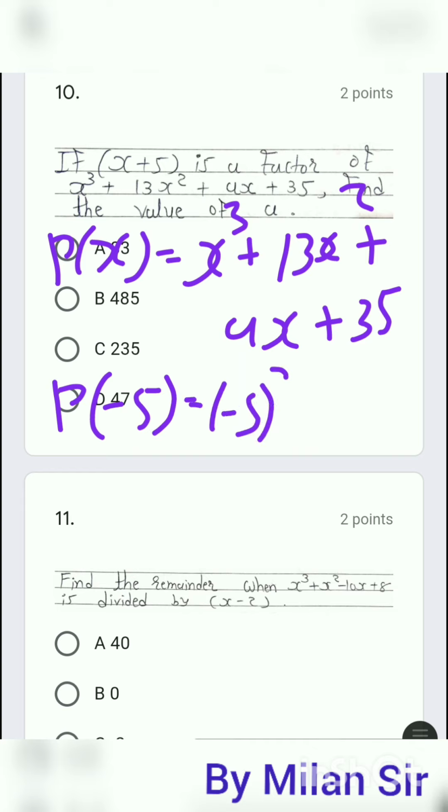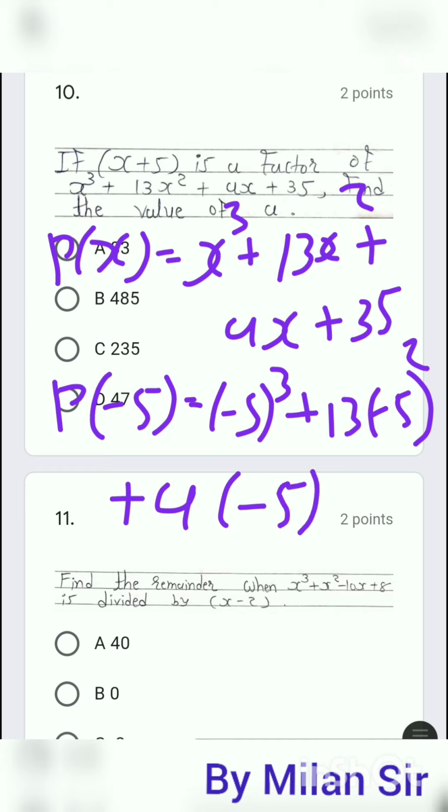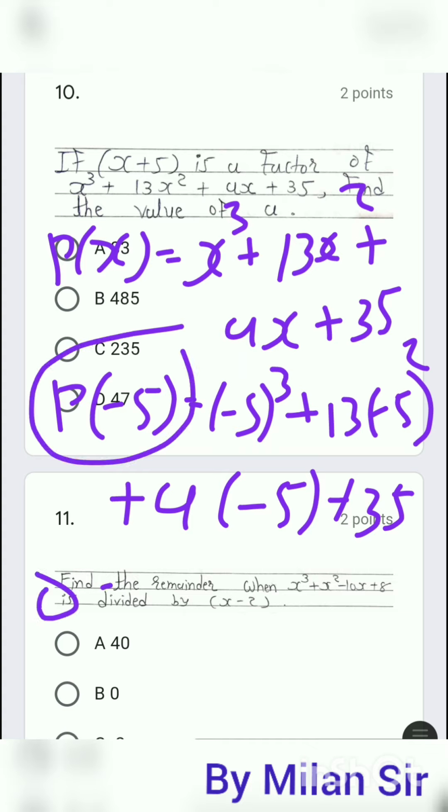So minus 5 all cube, 13 and minus 5 all square, and ax plus 35. Now we know that the remainder is 0, that means p of minus 5 is equal to 0. A number is always divisible by its factor, so take 0 here.